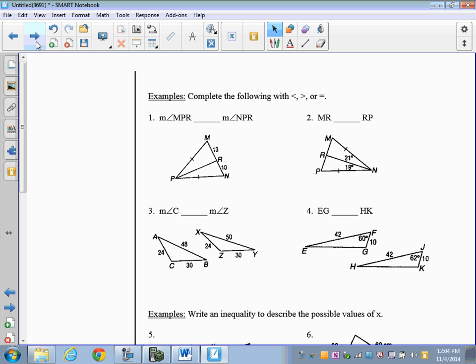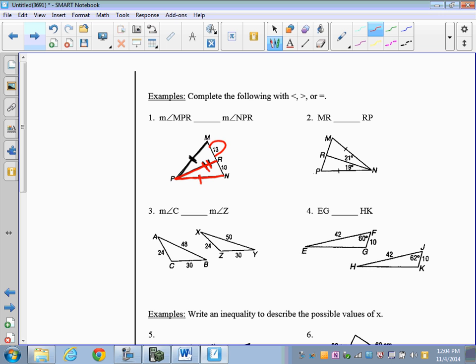So what are some examples that we have? We're told MPR, so we have this side here and this common side, and we have NPR. Again, we have the one side and the common side. What's the relationship?